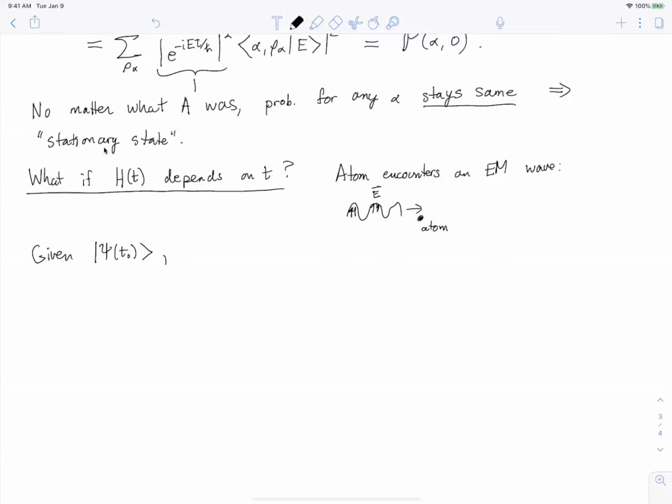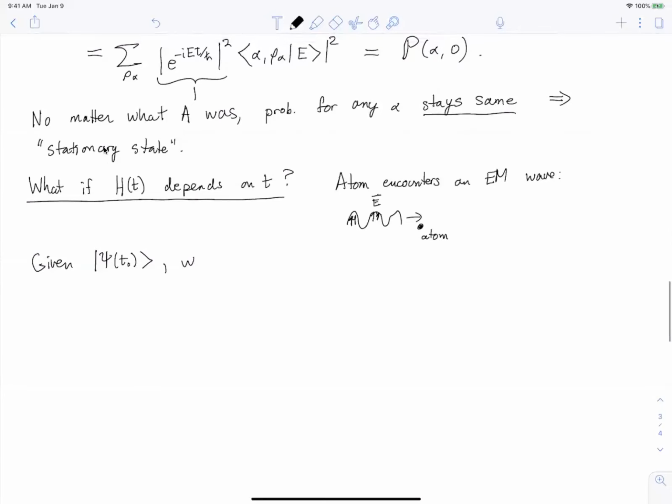Sorry, professor. I don't want to interrupt. I'm just curious. Could you please go over that example again, briefly? Which example? The atom encounters an electromagnetic wave. Could you please go over that again? Right.